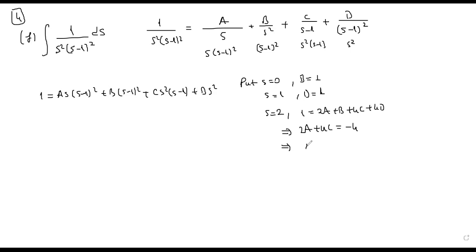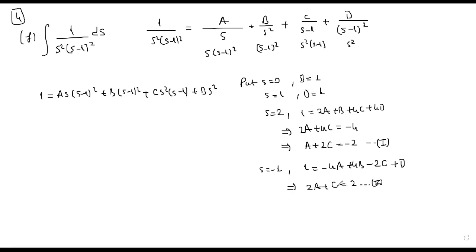Divided by 2, it will give you a plus 2c equals minus 2. Now this is the first equation for a and c. If you put s equals minus 1, then you will have 1 equals minus 4a plus 4b minus 2c plus d. You know b is equal to 1 and d is equal to 1, so you plug them in and you will get 2a plus c is equal to 2. And this is the second equation.